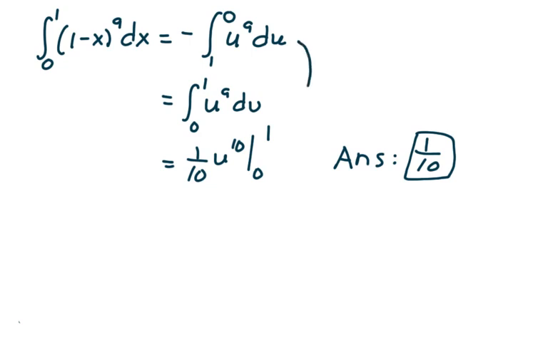So from first line to second line, notice how the limit switched, and when the limit switched, I changed the sign. So I'm integrating from 0 to 1 of u to the 9th du, which is 1/10 u to the 10th, evaluated from 0 to 1. The answer is 1/10. So it's a different tactic. They look a little similar, but it's definitely a different approach.